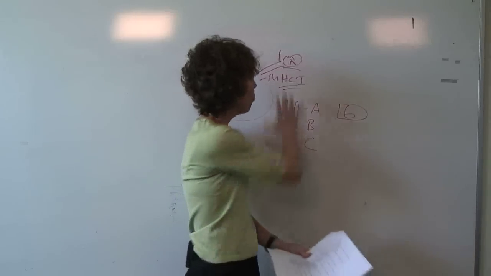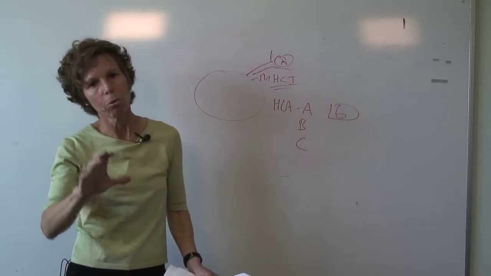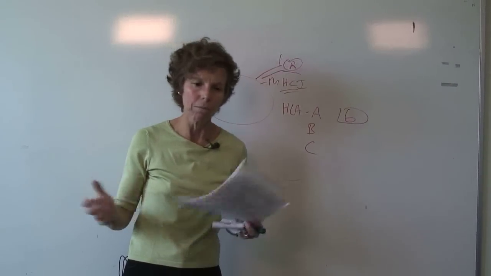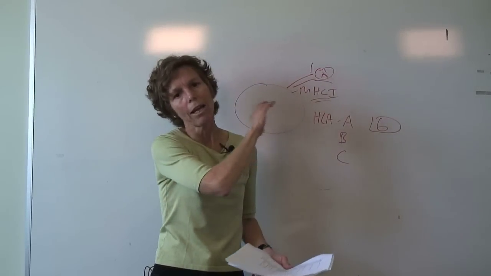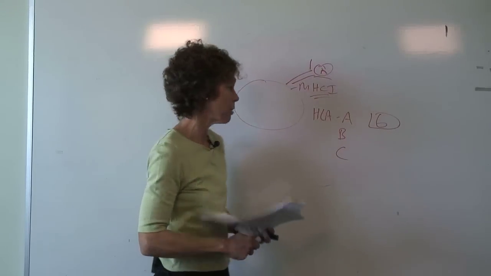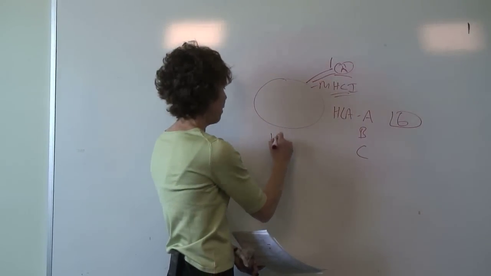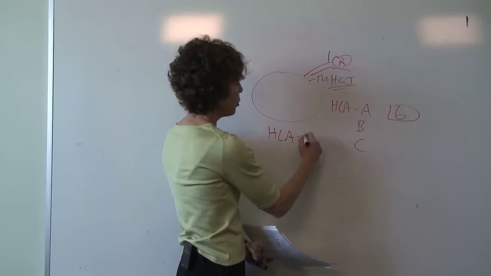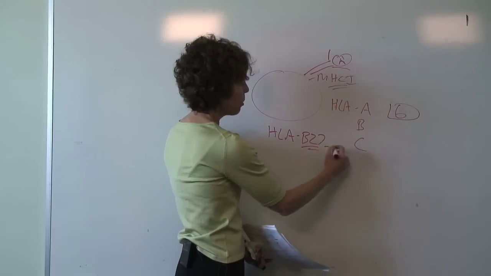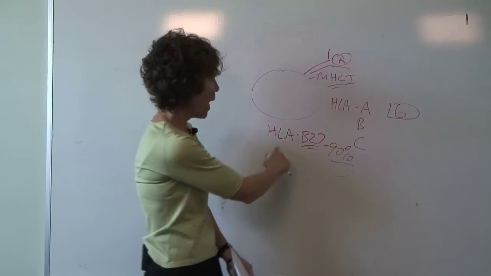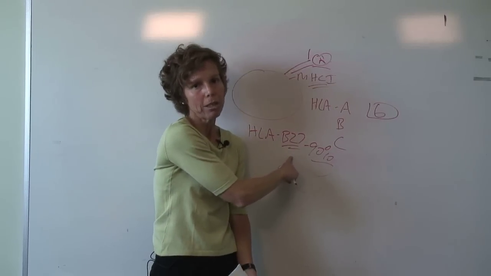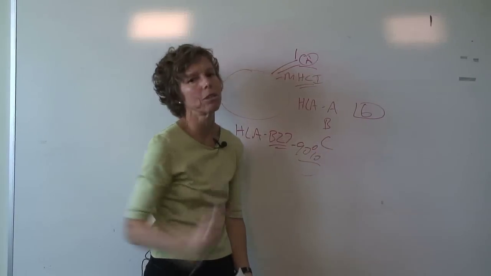Now, the other reason why MHC class 1 is important, another clinical correlate, is that there have been some diseases associated with the particular HLA. For example, ankylosing spondylitis, you'll see it on just about every exam, HLA-B27. There's about a 90%, as I recall, correlation between having an HLA-B27 and having ankylosing spondylitis.